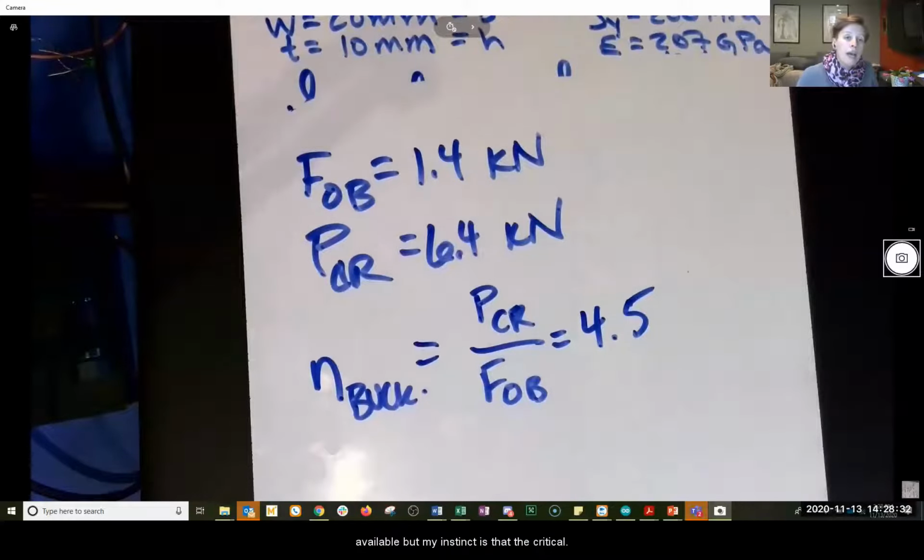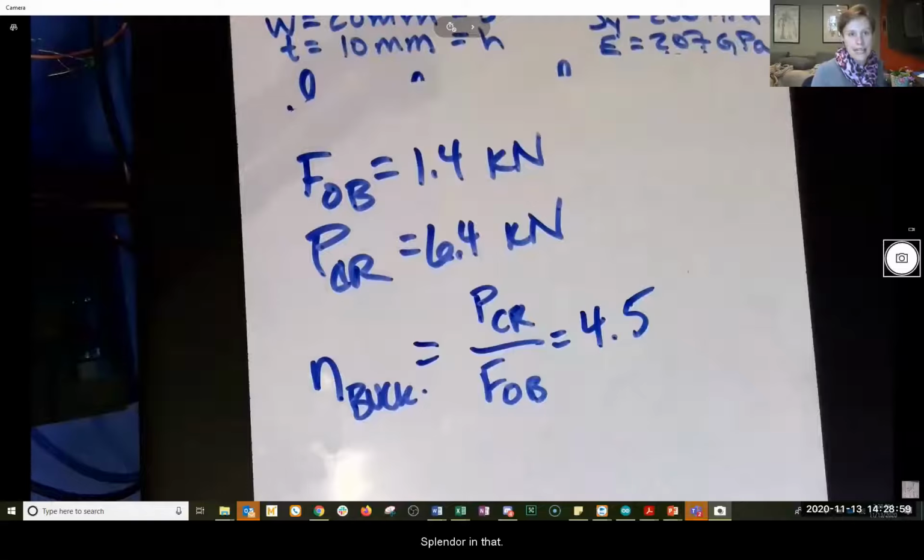But my instinct is that the critical slenderness, which will change a bit. Wait, will it? Hold on. Yeah, it'll go down a tiny bit, right? It'll change by a little bit. And then the actual slenderness ratio, I expect that to go down much, much further, and we'd be in the Johnson's criteria most likely, based on the width of the part.